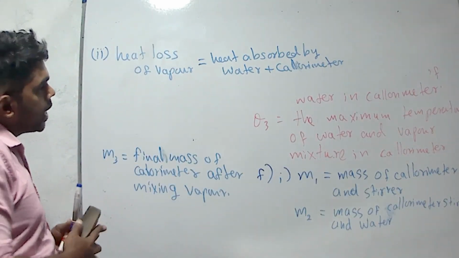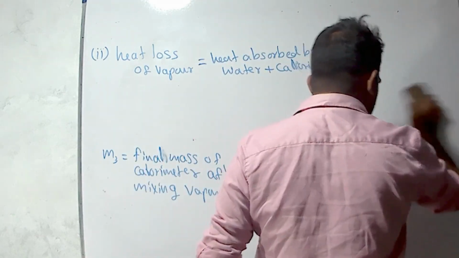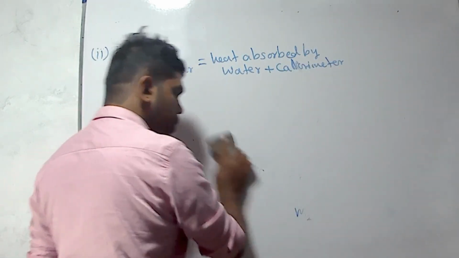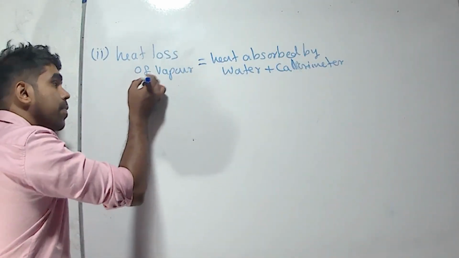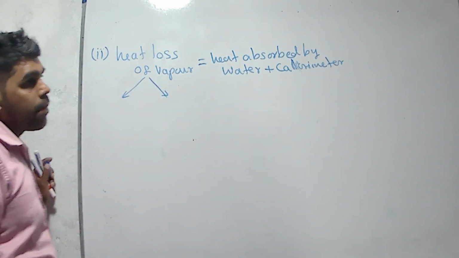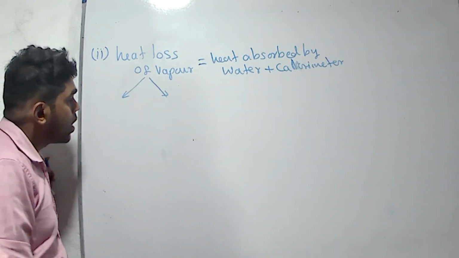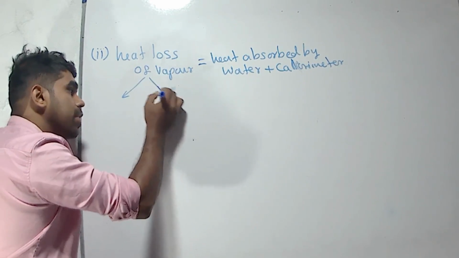When considering heat loss of vapor, there are two methods of heat loss. The first is that 100 degree vapor is condensed to 100 degree water. It is a phase change.